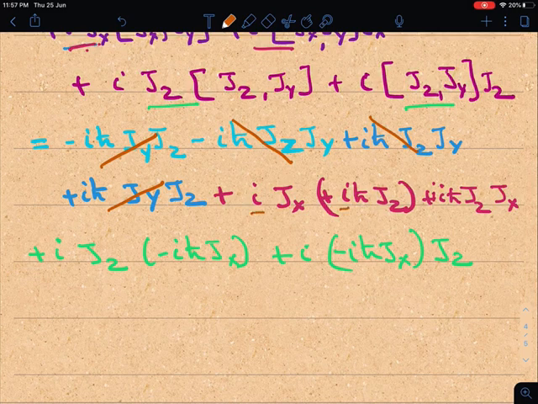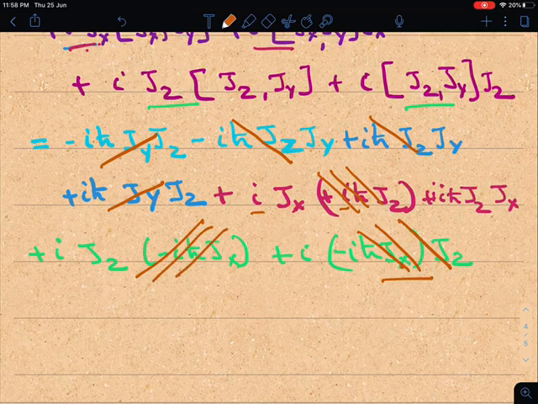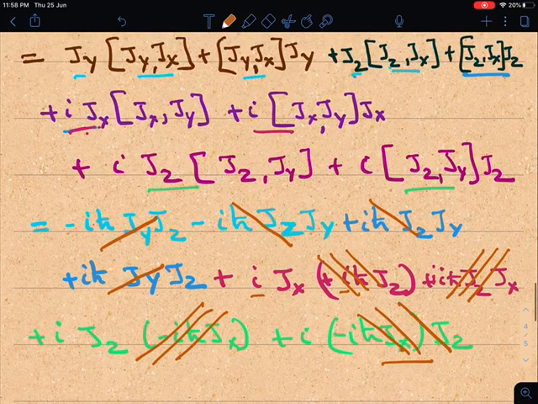Again, when you look here, it is i square, so it is minus 1, minus Jx Jz h cross. And again here, just look, it is again i square, you have a minus here, that means it becomes plus h cross Jx Jz, so this term again gets cancelled, and similarly you can see this also gets cancelled.